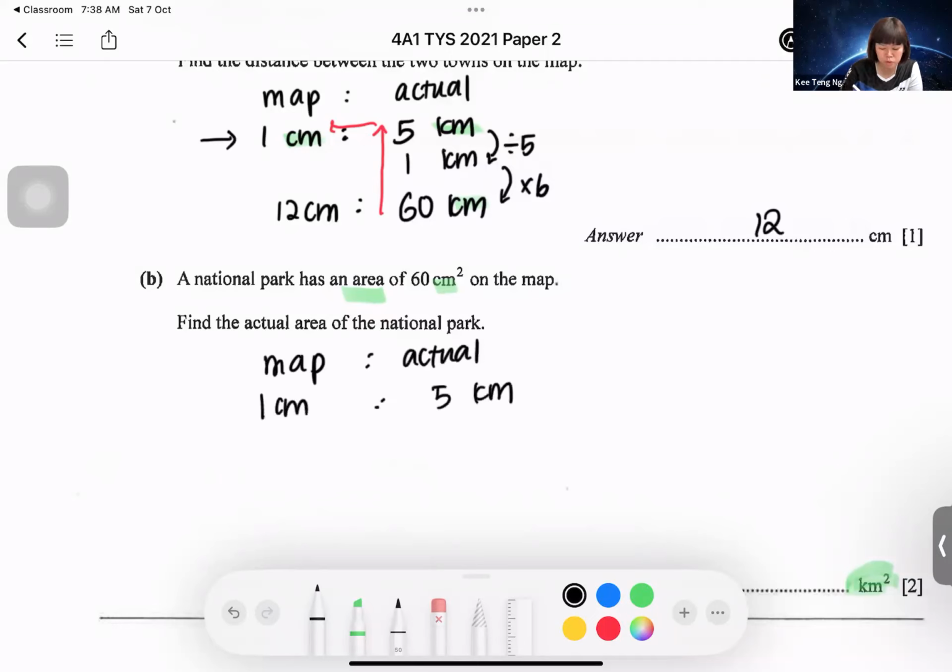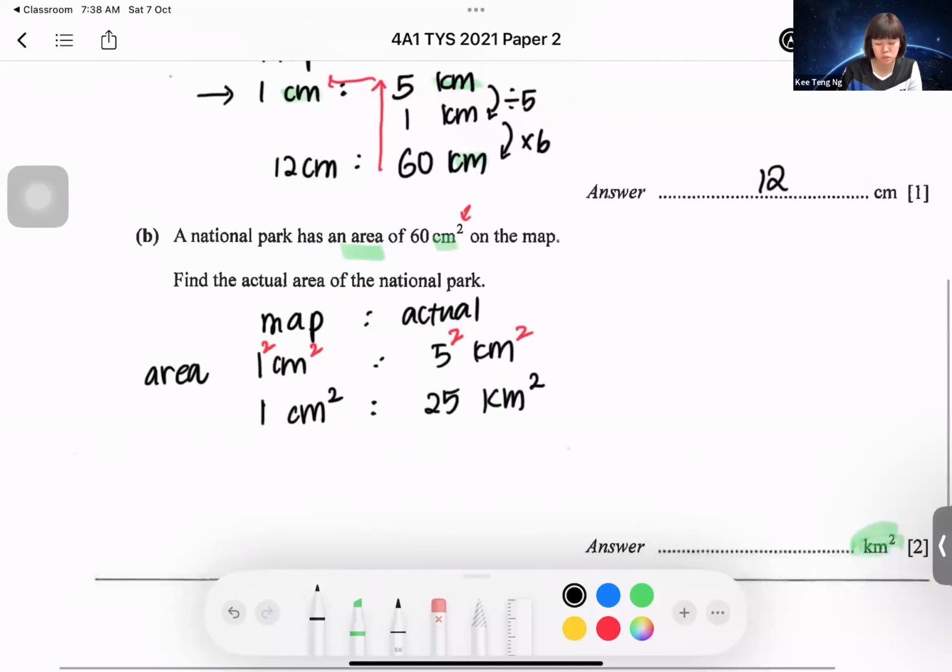But if I want to find the area, what do I need to do? I need area, right? Area, the unit is square, right? So it's 1 square cm square, 5 square kilometer square. All the numbers must be square. So 1 square, 1 times 1 is still 1 cm square. 5 square, 5 times 5, 25.